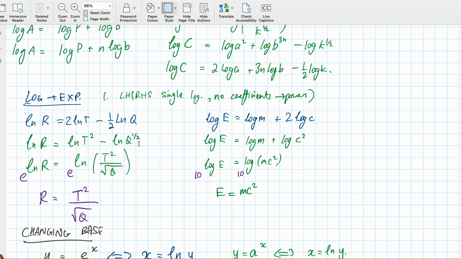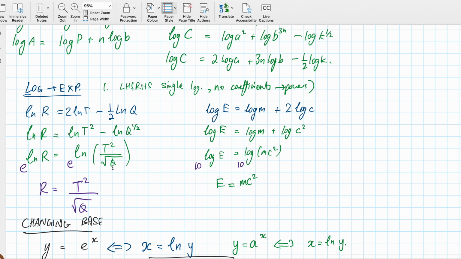The next step is now we can express as a single ln on both sides. So ln R, that stays the same, is equal to ln T squared divided by the square root of Q, because this is a take, so it goes into divide, and the half goes into the square root. Now this is the strangest bit: we can get rid of the ln functions by putting both sides to the e. So e to the power of something, as in this side, and e to the power of this side.